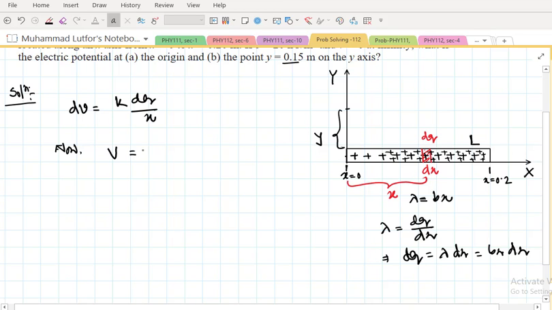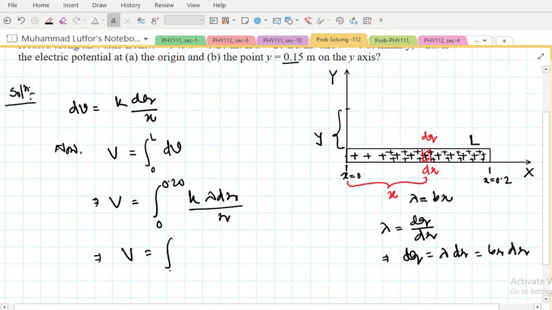The total V would be the integral from 0 to the length of the rod, 0.2, of dV, which is k times dq divided by x. Replacing lambda dx with bx dx, where b is a constant, we get the integral from 0 to 0.2 of k bx dx divided by x.